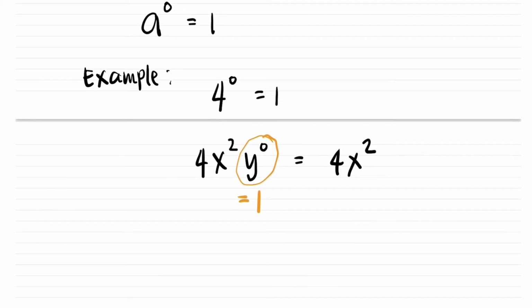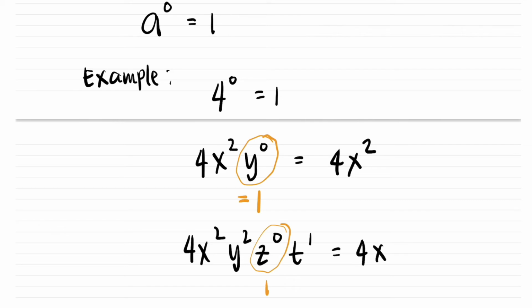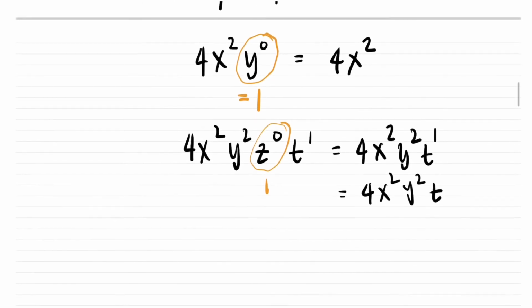What if you have 4x squared y squared z to the power of 0 and t to the power of 1? You observe that the only thing that is 0 is z, so this is 1. Therefore you copy everything: 4x squared y squared t to the power of 1, or 4x squared y squared t. So these are our examples for the fourth rule.